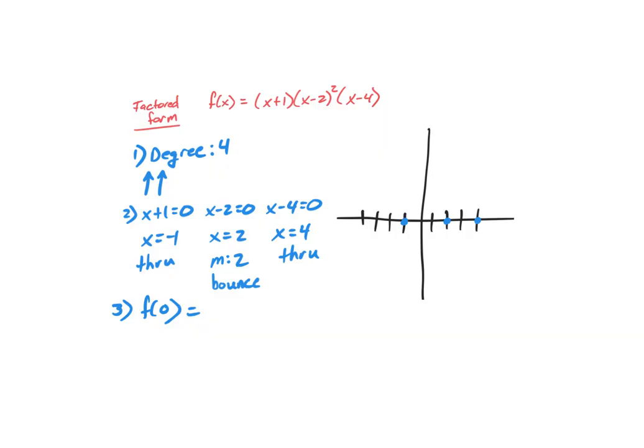And then 0 minus 4 is -4. So we have 1 times 4, which is 4. 4 times -4 is -16. So my y-intercept is going to be all the way down at -16. (0, -16). And I'm not going to count all the way down there, but I'm just going to label that as -16.